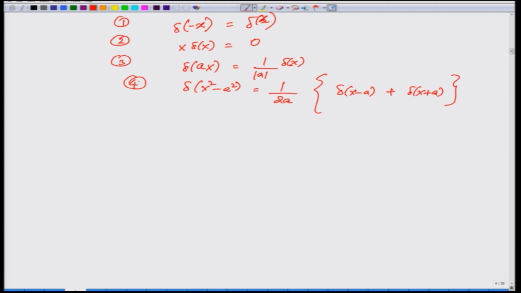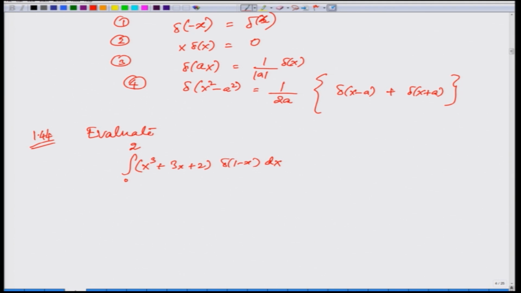Let us solve a question. There is problem number 1.44, which says evaluate the integral from 0 to 2 of x cube plus 3x plus 2 times delta of 1 minus x dx. So how will you solve this question?